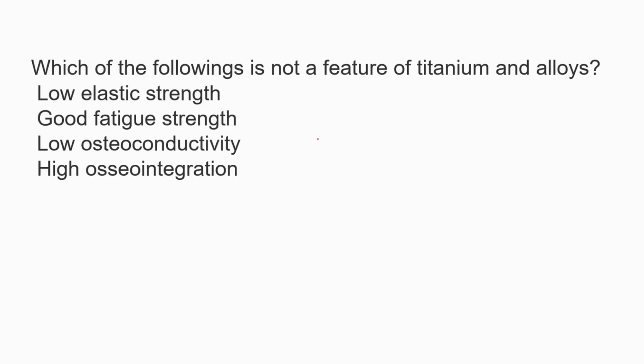Okay, now here is the next question. Which of the following is not a feature of titanium and alloys? The options are low elastic strength, good fatigue strength, low osteoconductivity, and high osseointegration.